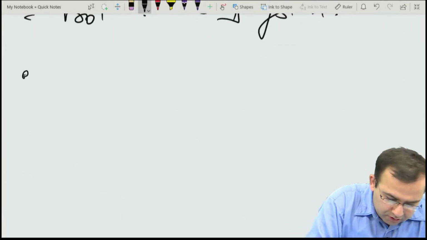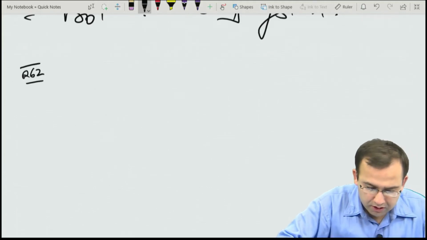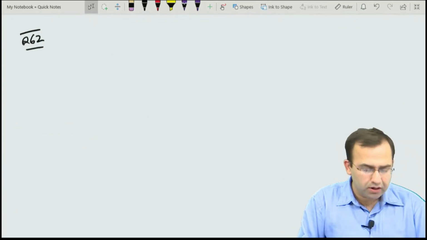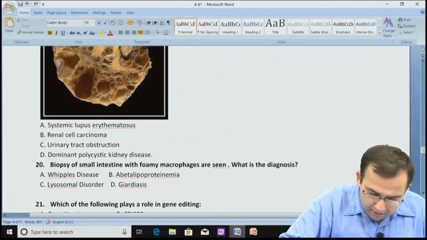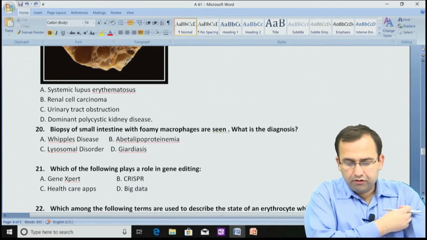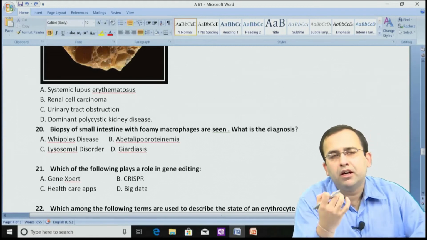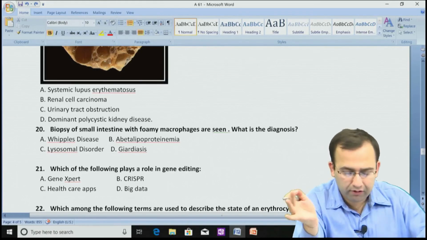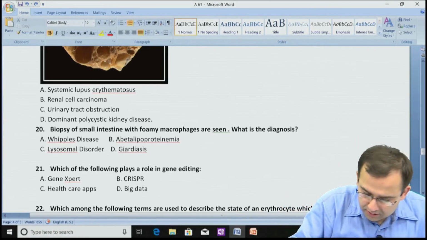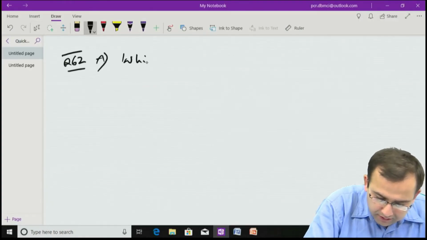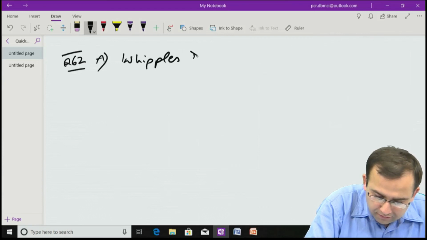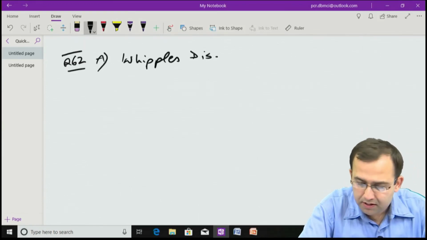Next, this gets us to question 62. First, let us have a look at the question again. Biopsy of small intestine with foamy macrophages. The minute you have the presence of foamy macrophages in the small intestine, the answer is A, Whipple's disease.